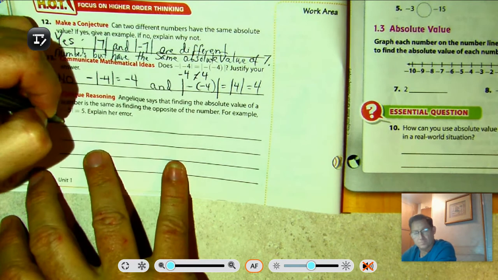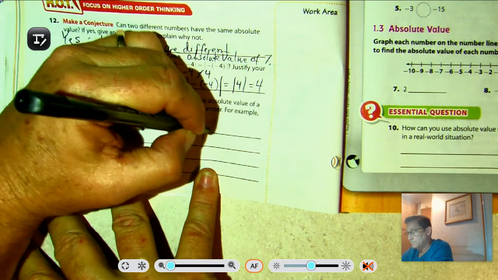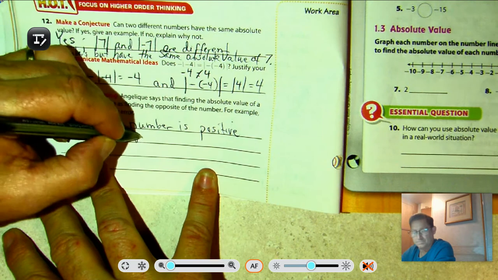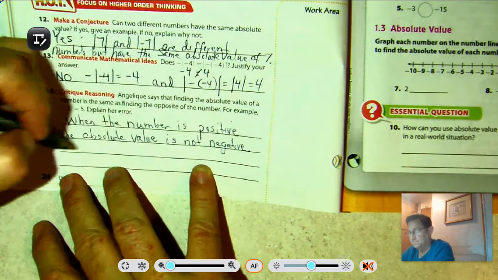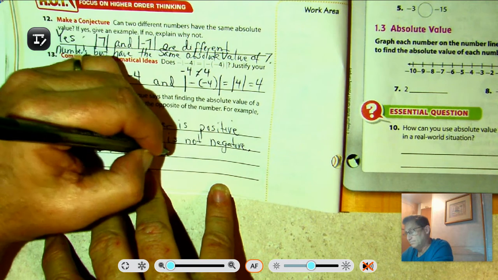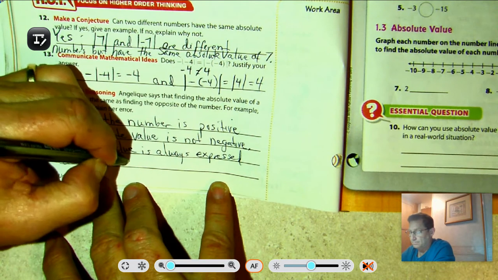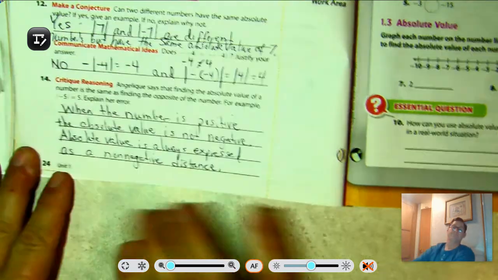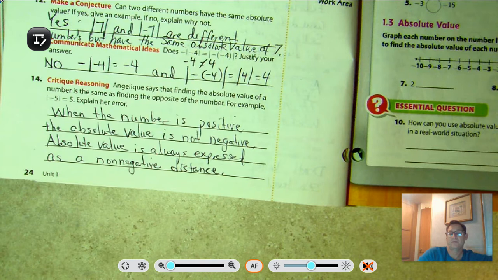So, no. If anything that we get out of this lesson, it's that absolute value is never a negative value.